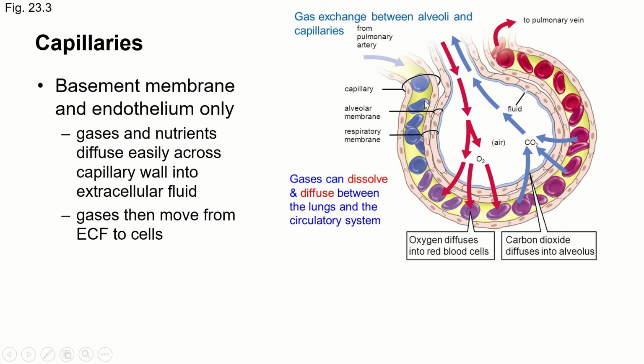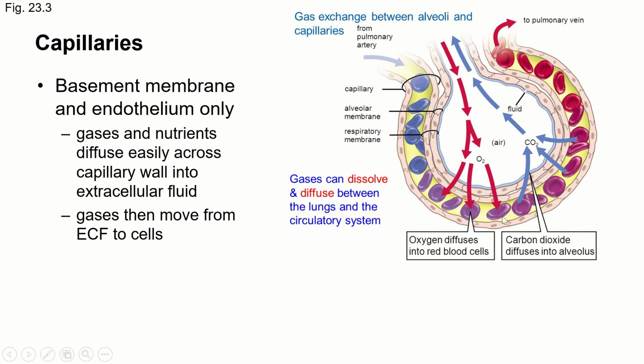It's already been through this systemic circulation, so it's high in CO2, shown here in blue. So as these blood cells come by, oxygen is able to diffuse into them because there's more oxygen inside the alveolus than there is in these red blood cells. Carbon dioxide diffuses the other way because there's more carbon dioxide in the cells than in the alveolus.